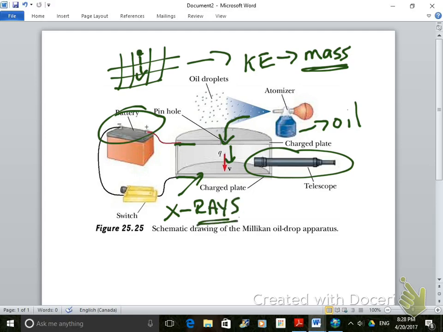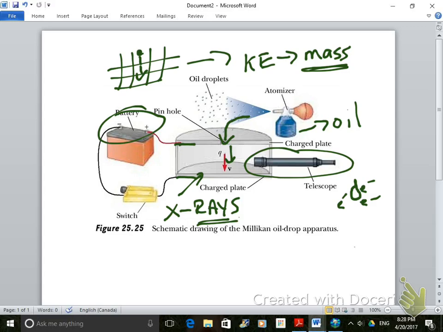What the X-rays would do is take the oil droplet, so you'd have the electrons sitting on the oil droplet, and the X-rays would ensure that the electrons stayed on that oil droplet.